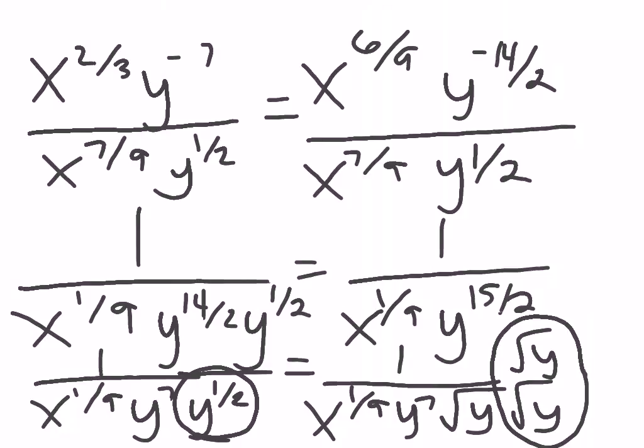So these two y's cancel out, and we are left with just a y in the bottom. So we have the square root of y on top, because that guy goes in the numerator. And then we have just a y built from these terms.